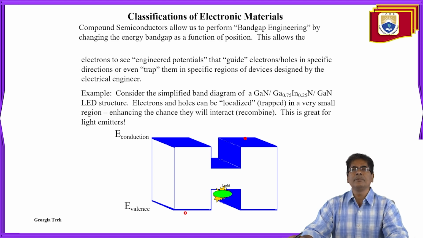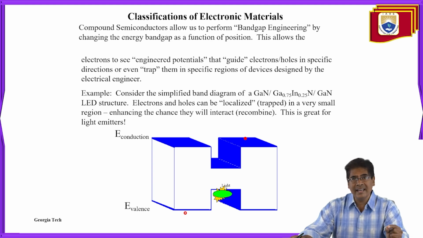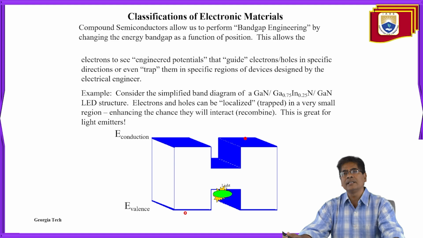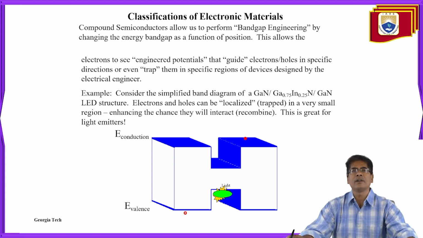Example: consider the simplified band diagram of gallium indium nitrogen, or GaN LED structure. So electrons and holes can be localized, that means they can be trapped in a very small region, enhancing the recombination. So this is the general explanation we can give for light emitters.